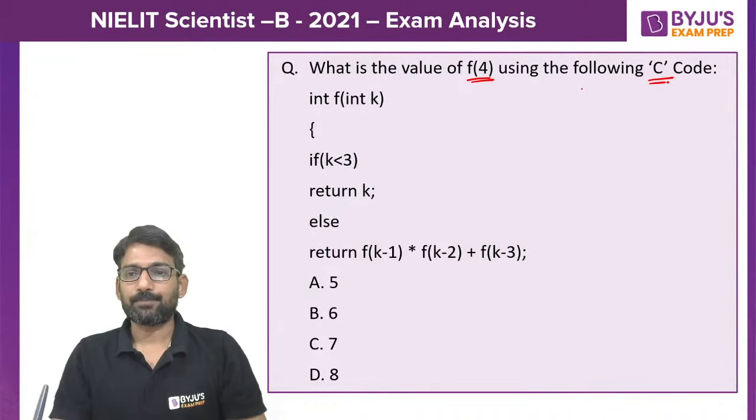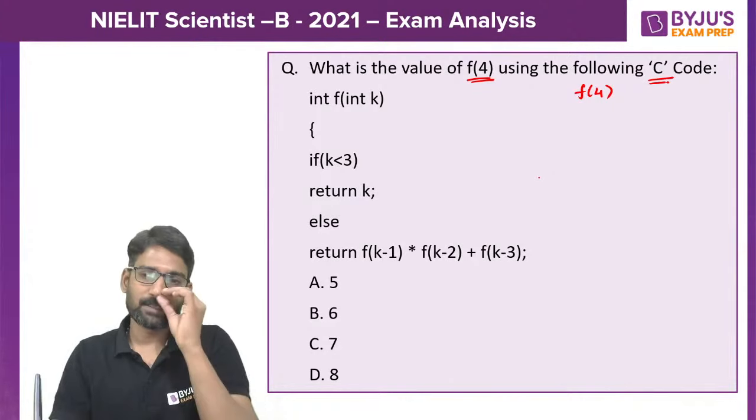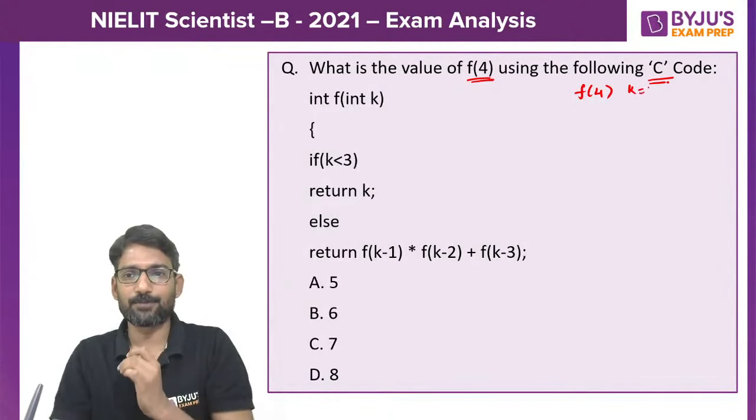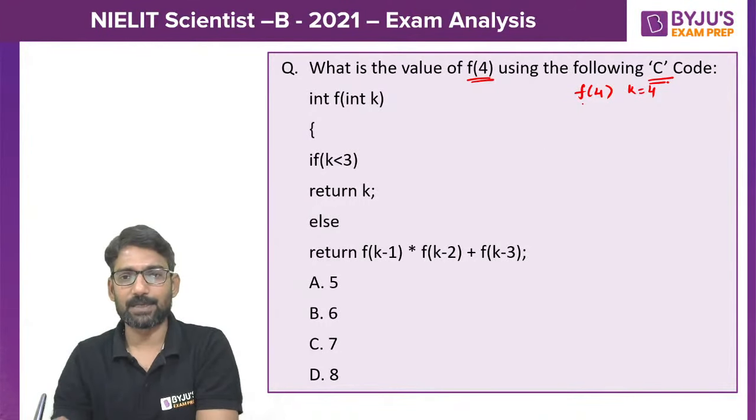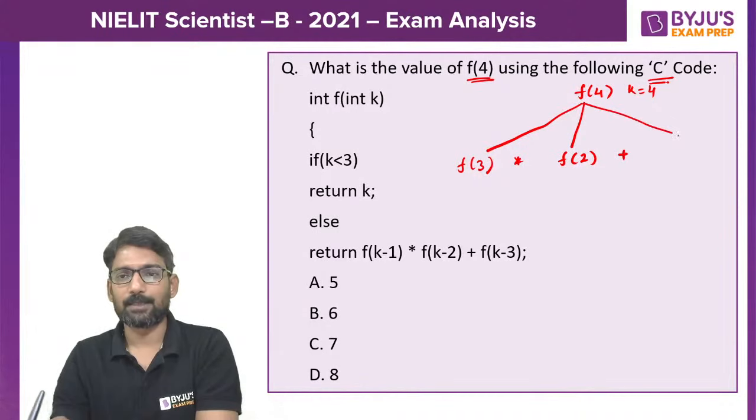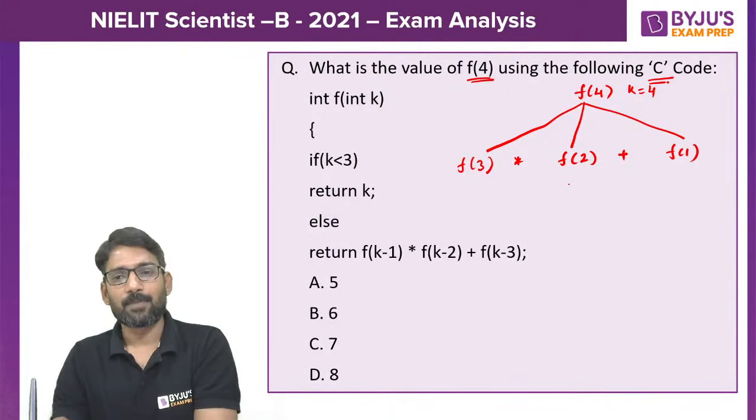All right. So if you give f(4), what is k? K value is 4. Is 4 less than 3? False. So else gets executed. And what it is taking: f(k-1) multiplied by f(k-2), that is f(3) times f(2), added with f(k-3). Certainly f(2) value would be what?